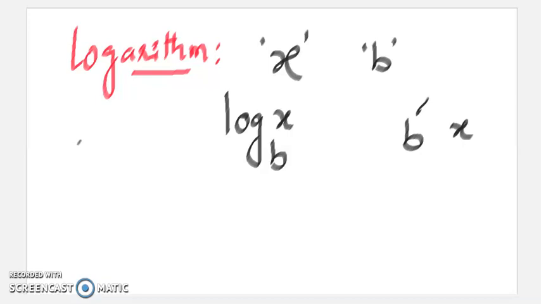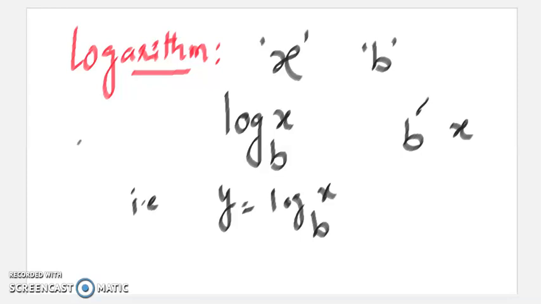Suppose y is equal to log x with base b is the logarithmic function. In this logarithmic function, what is the value we are going to find?